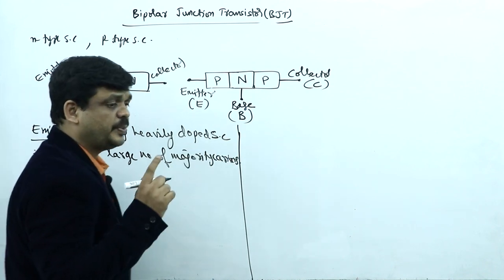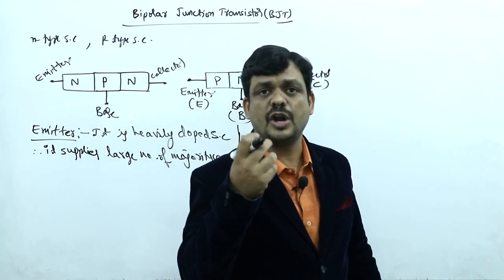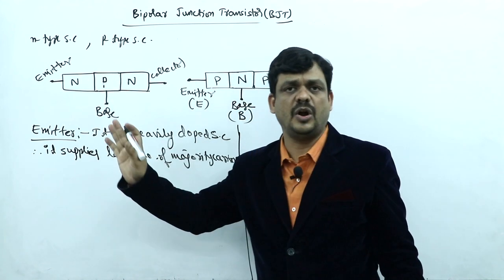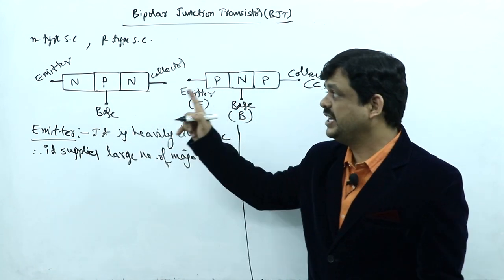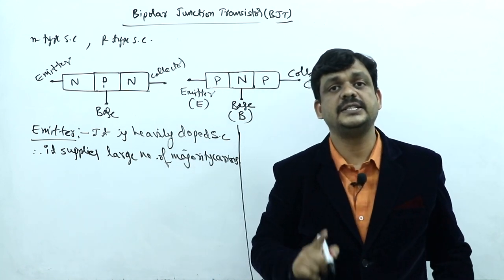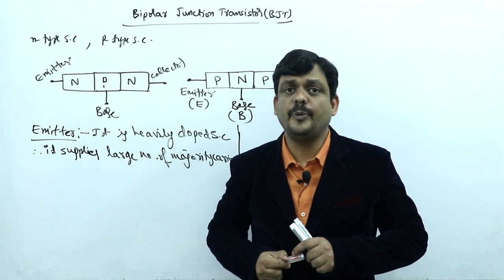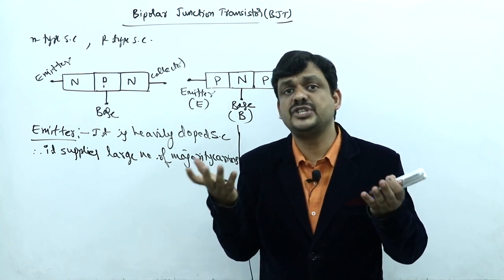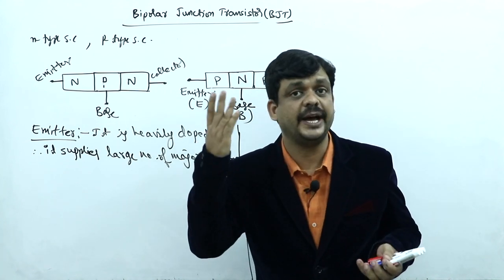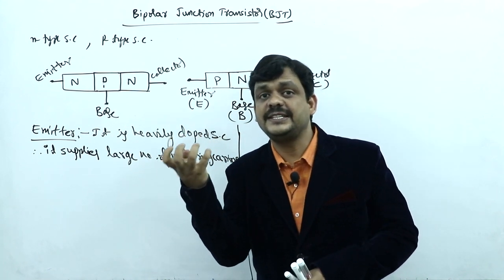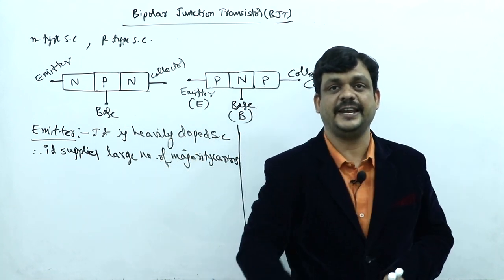Just now I explained these three semiconductors are not equally doped. From these three, one semiconductor is highly doped. The doping level is very high. If the doping level is very high, what happens? Majority carrier concentration is also very high. If the majority carrier concentration is very high, this semiconductor always emits the carriers.